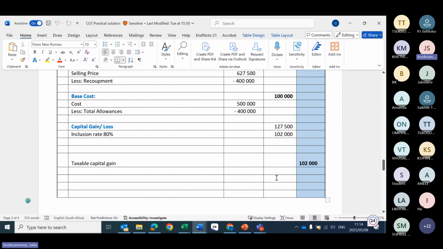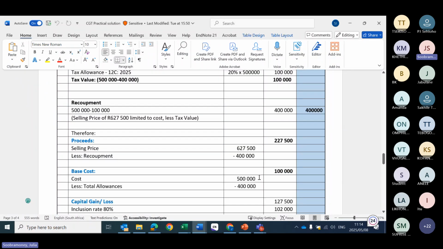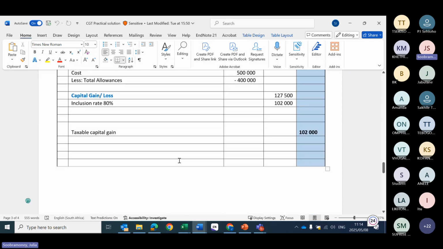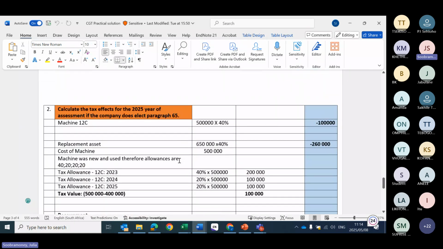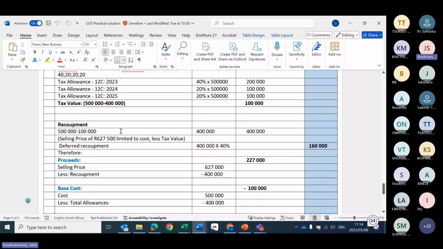Okay, so the next question basically says, how would your solution look if you had to defer it? I'm not going to go through the whole question again, but I am going to show you the differences. So here, by recoupment, instead of putting the full 400 in income, you're only going to put 40% in income, 160.